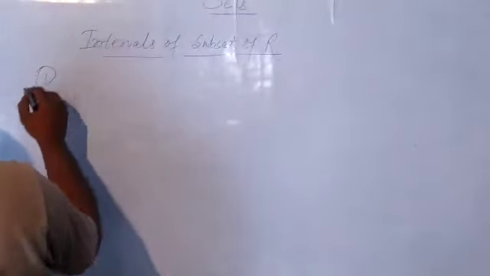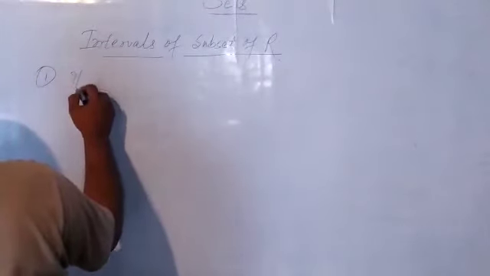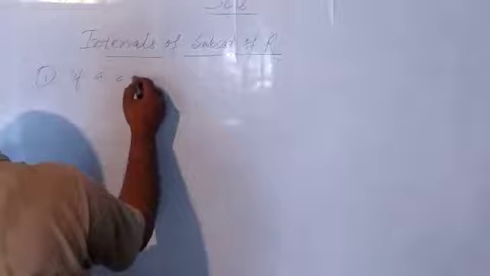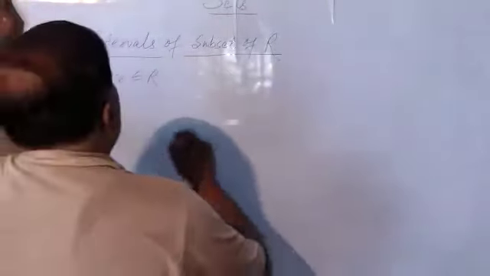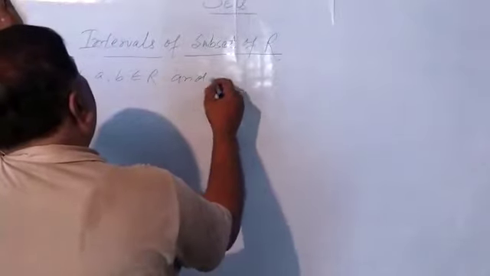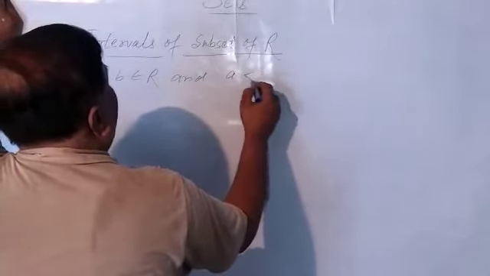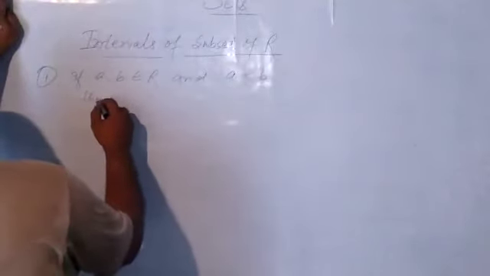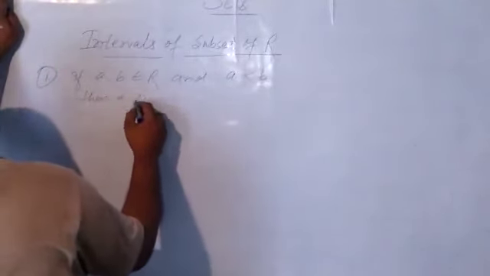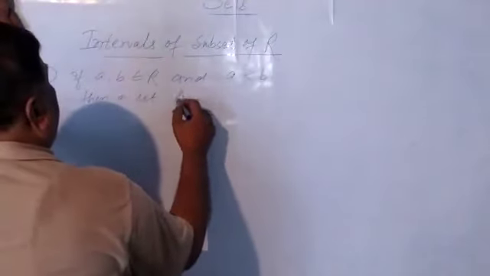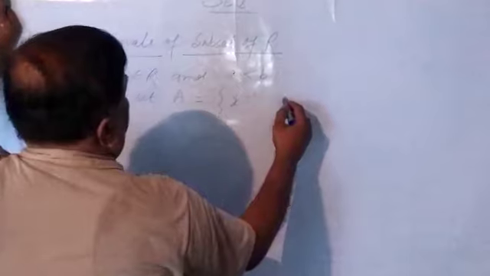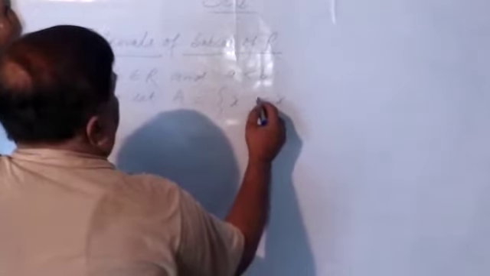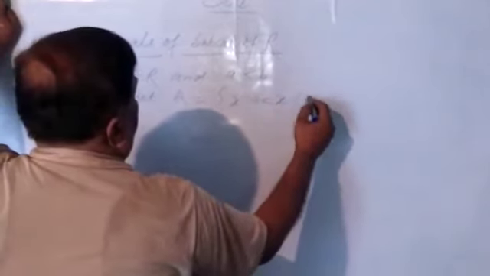First, suppose a, b belong to R, that means a and b are real numbers, and a is less than b, then a set A equals {x such that x is greater than a but less than b}.